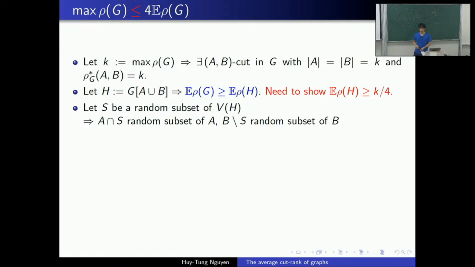Okay. And so now we can let S be a random subset of V(H), and then A cap S and B minus S are random subsets of A and B. So let me draw a picture here.